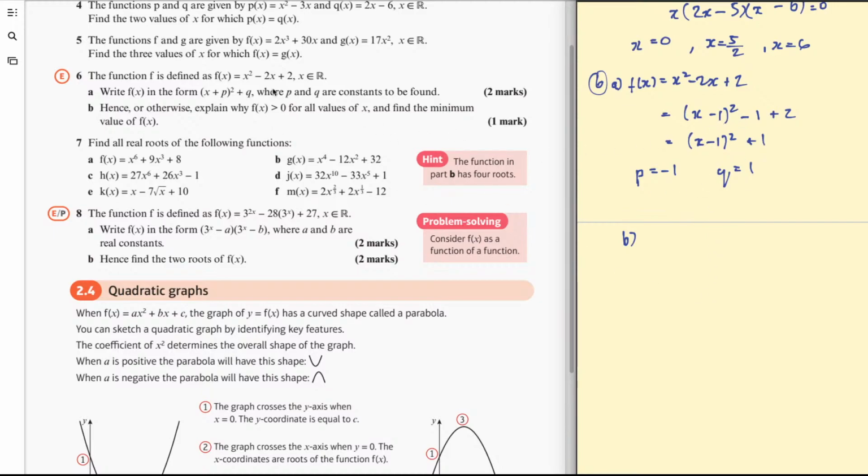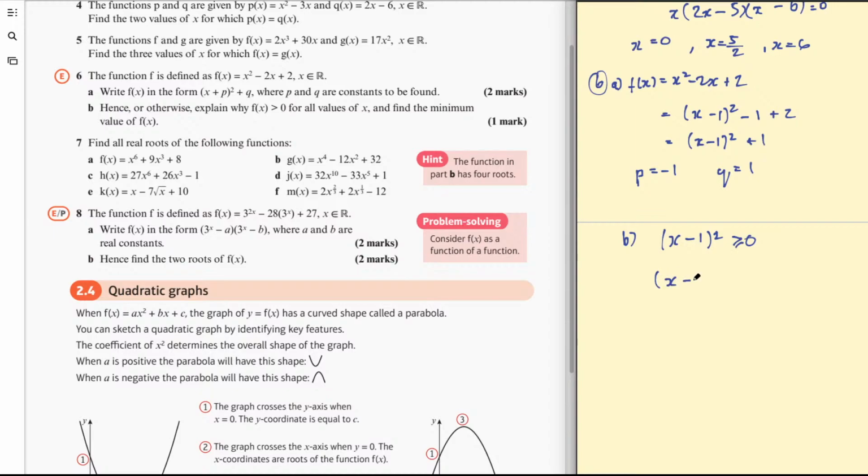Okay, so here we start with this squared term. We know that a squared term must be greater than or equal to 0.